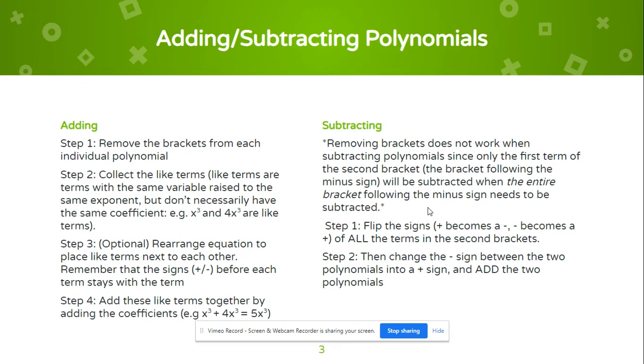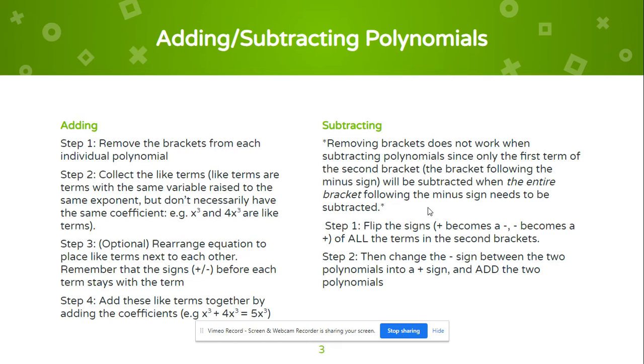So we need to remove the brackets. But removing the brackets doesn't work when we're subtracting polynomials, since only the first term of the second bracket would be subtracted, when the entire bracket following the minus sign needs to be subtracted.